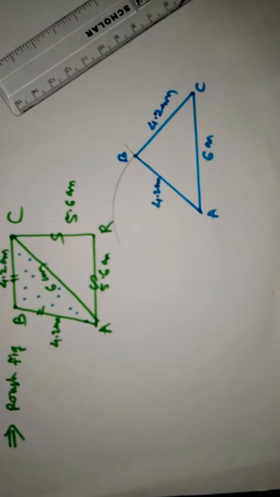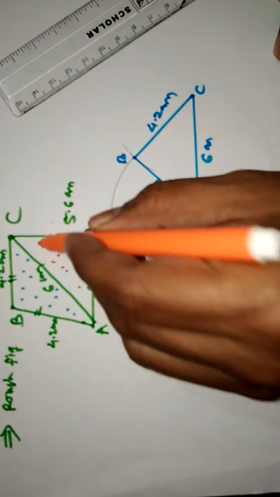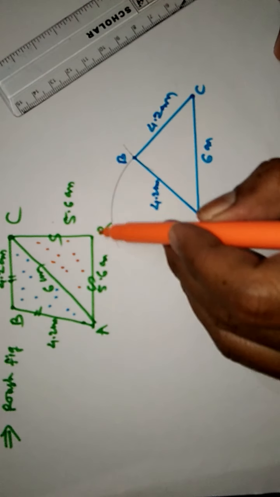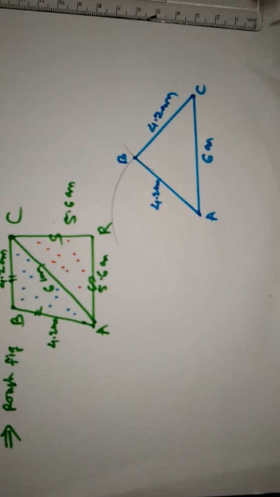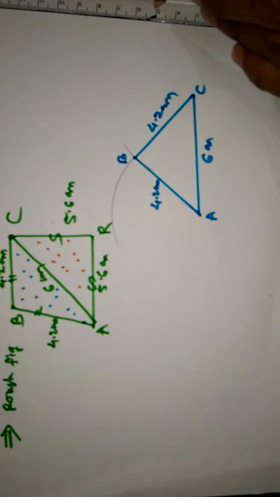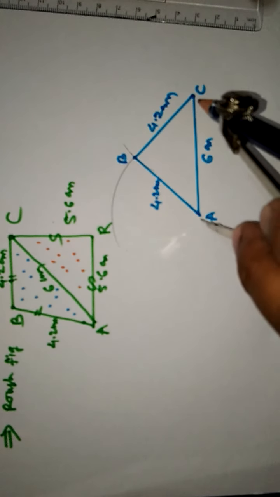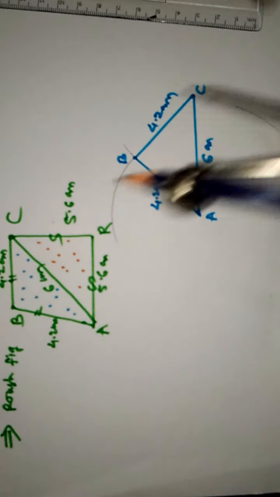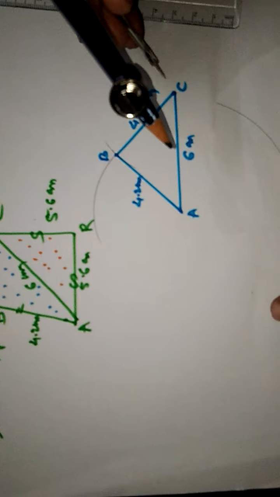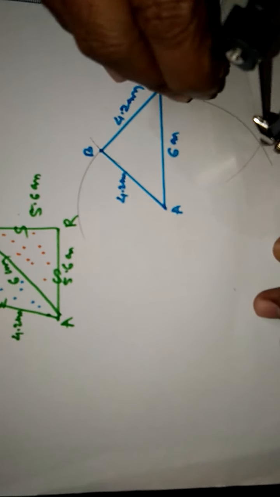Then we construct triangle ARC. From A to R it is 5.6 centimeters. Take 5.6 centimeters in your compass and draw an arc. From C to R is 5.6 centimeters, which intersects here.